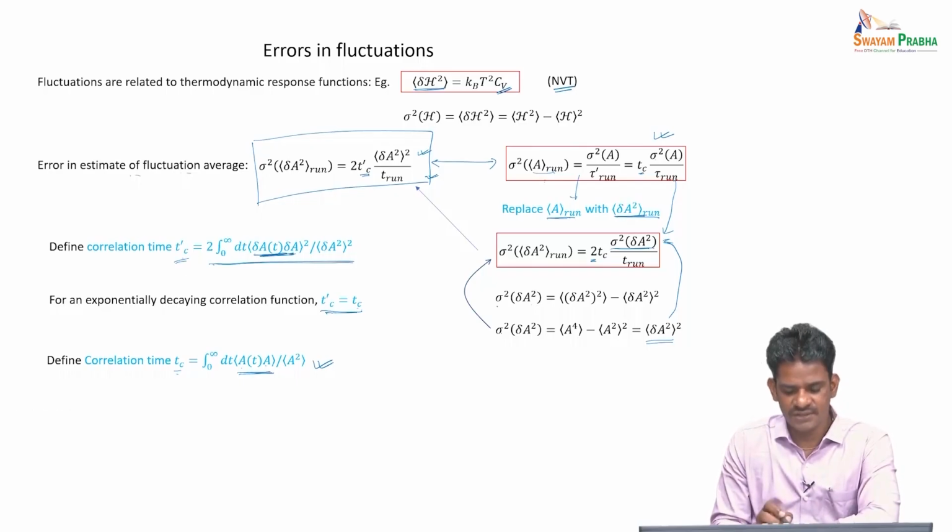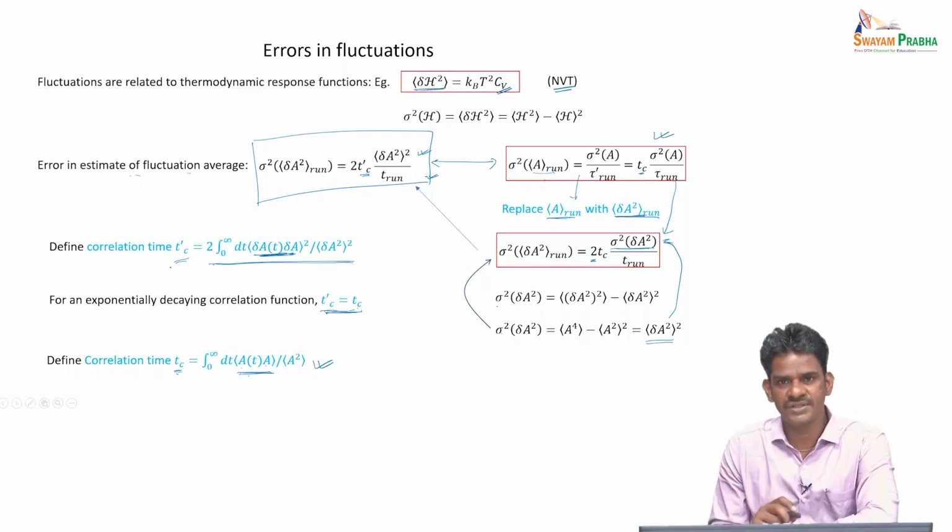In most cases, we can make this approximation, where we find the correlation time for the property A itself and use that as the correlation time of the fluctuation in A. So we don't have to independently calculate the correlation time for the fluctuations. We can take the correlation time for the equilibrium average itself.